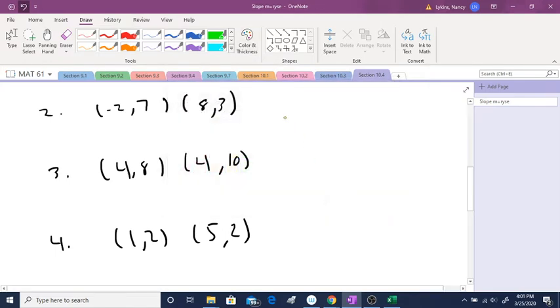Now, m equals y2 minus y1 over x2 minus x1. So what I still want to do is label x1, y1, x2, y2, and then just fill in the blanks. y2 is 3. So it's 3 minus 7 equals, now here's the common mistake. You got 8 minus a negative 2. So I'm going to put these in parentheses.